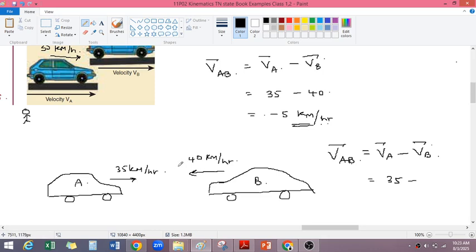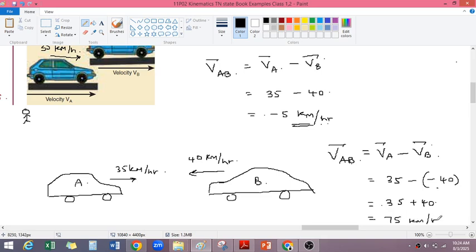Why? Because velocity is a vector. That means you have to put minus 40. You cannot put plus 40 like what we did in the previous problem. So 35 plus 40, so it will be 75 km per hour.